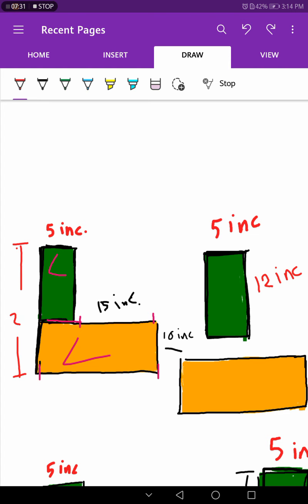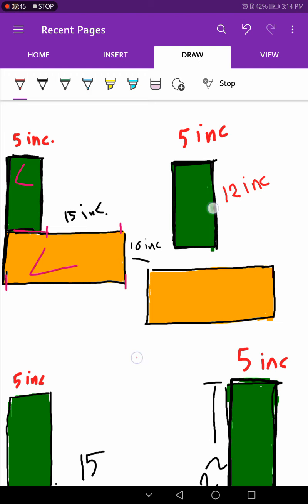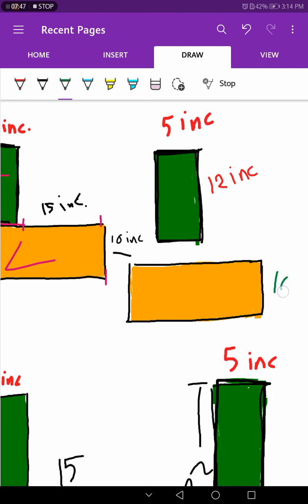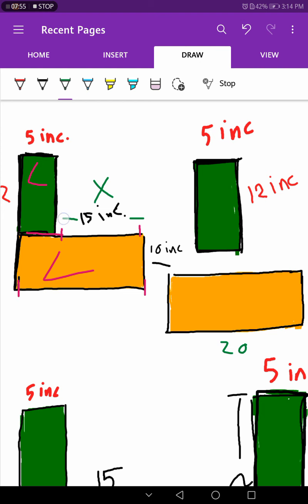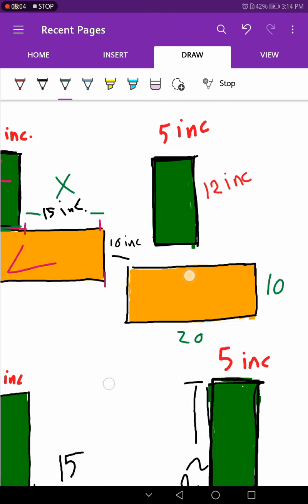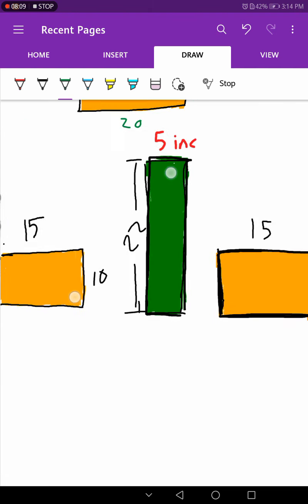I try to find the green part only, so I subtract 22 minus 10, I get 12. See, 12 and 5, and here this is 10 as I mentioned before, and 20, not 15. I use the 15 to find the 20. From here to here 15, and this piece, the green one here, is 5, so it is 20, and I get 200 plus 60. The second cut was like this.